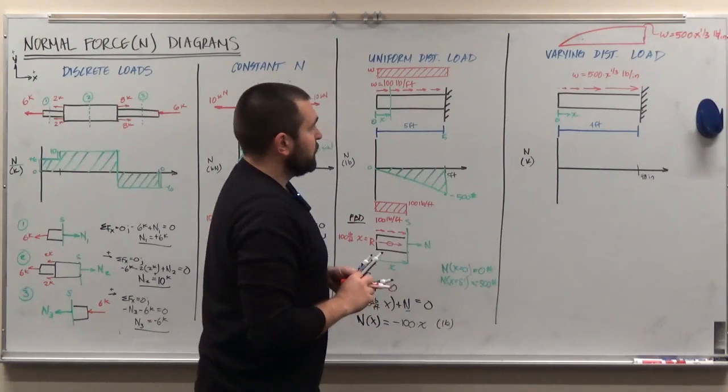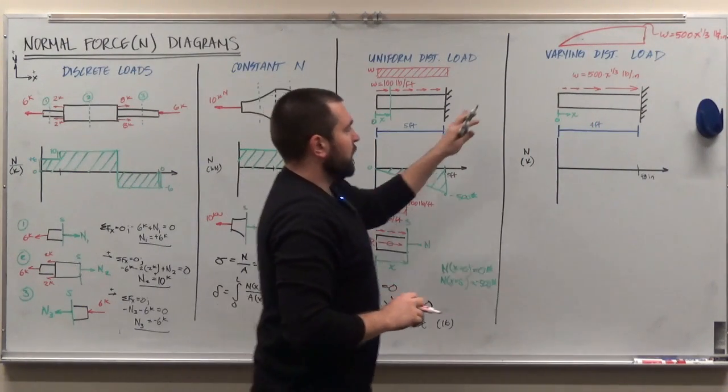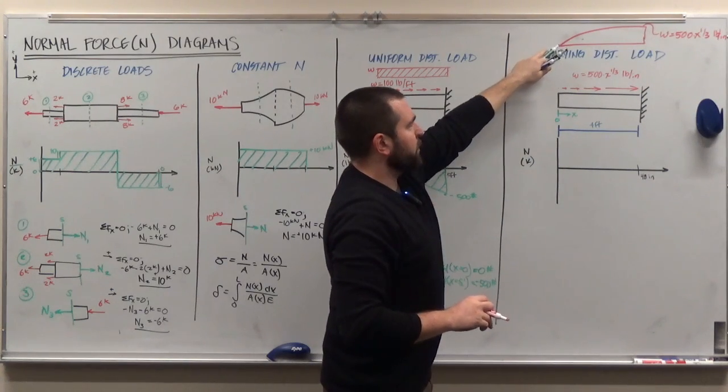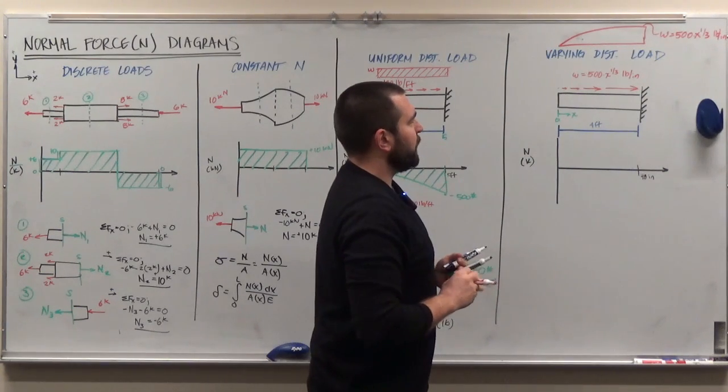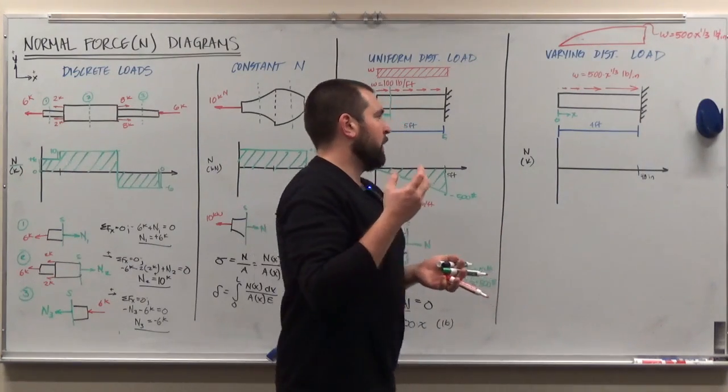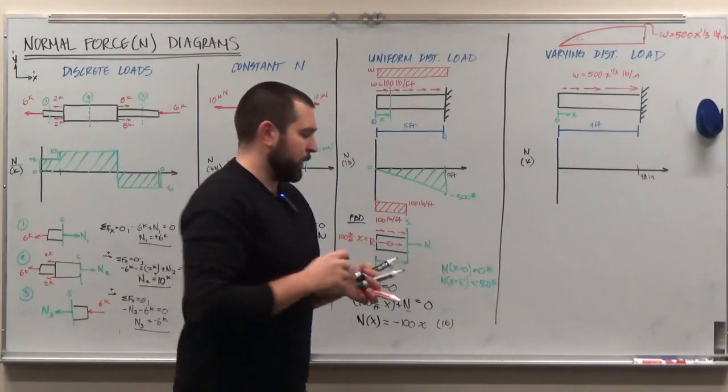Okay? So essentially our internal normal force diagram is going to be the integration of this varying distributed load equation, but we can figure that out just based off a section cut, a free body diagram, and our equilibrium equation.